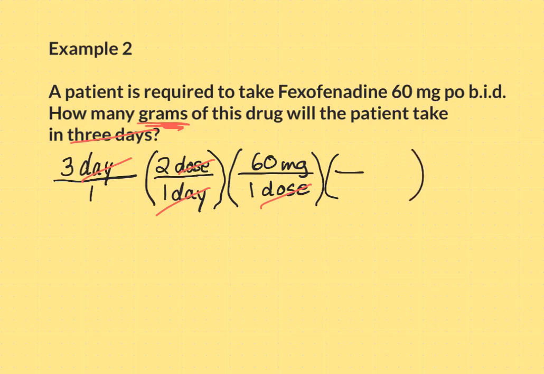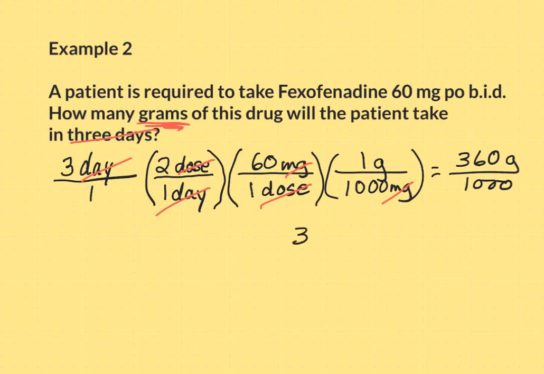So you can either get your answer and move the decimal point, which is a fine thing to do, or you can say there are 1,000 milligrams in 1 gram. That will cancel all of our units. 2 times 3 is 6, and 6 times 60 is 360 grams divided by 1,000.